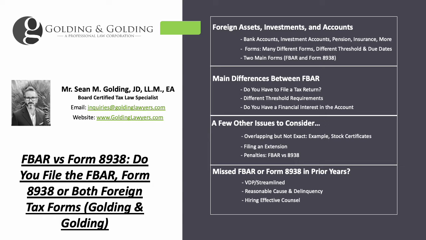Likewise, there are many different forms that you may have to file as well. You may have to put the same asset on many different forms in the same year. It's repetitive and there's a lot of double counting. Some of the common forms are the FBAR, Form 8938, Form 3520, Form 8621, Form 5471, etc. What is important is that these forms typically have different threshold filing requirements and different due dates.